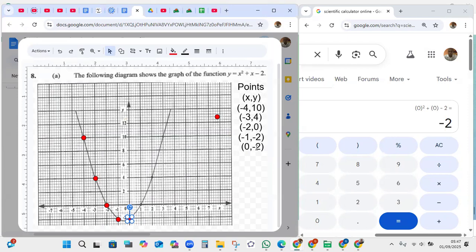So you can prove that by substituting 1, 2, 3 into the quadratic equation, and you'll get the same y values that were obtained for -4, -3, -2, and -1. So please do that. Pause the video and try this out.